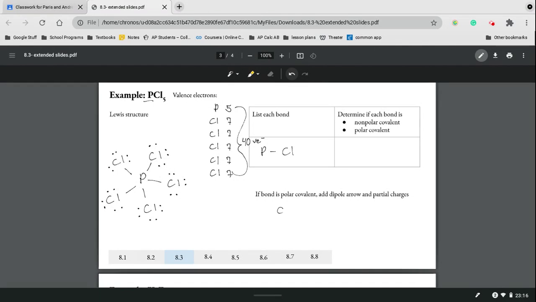The electronegativity of chlorine is 3.0. Phosphorus is 2.1.